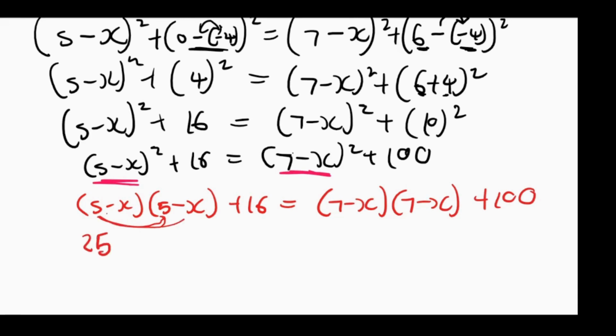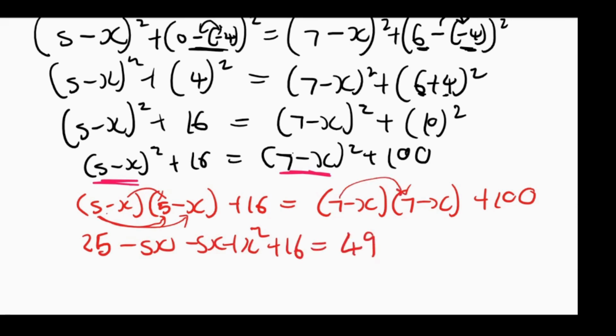And then 5 multiplied by this negative x is minus 5x, and this one here minus 5x plus x squared plus 16 equals to the 7 multiplied by the 7, it's 49. 7 multiplied by negative x, it's minus 7x, and this one also it's minus 7x plus x squared plus 100.